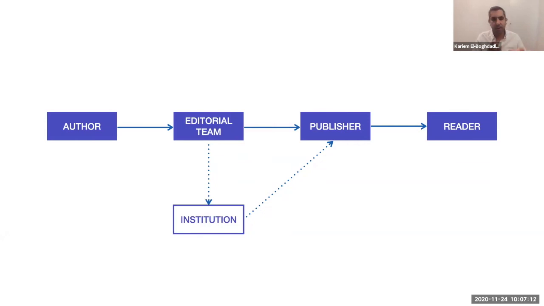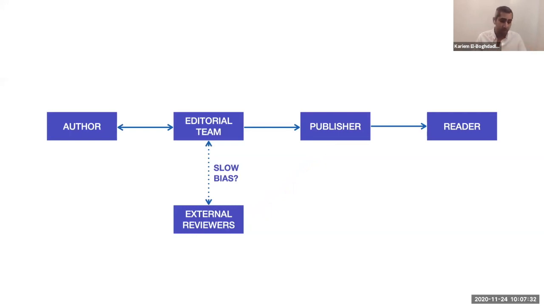So the college has very little day-to-day involvement in the running of the BJA, although they do determine the editorial team, they do determine the publisher, and they do work very closely on strategy. But day-to-day running doesn't fall to the institution. In fact, day-to-day running falls to external reviewers sometimes.